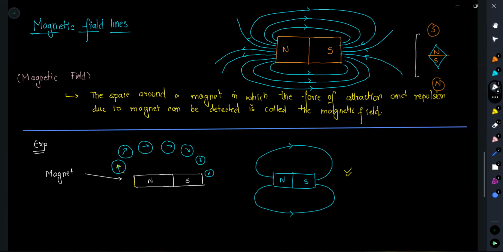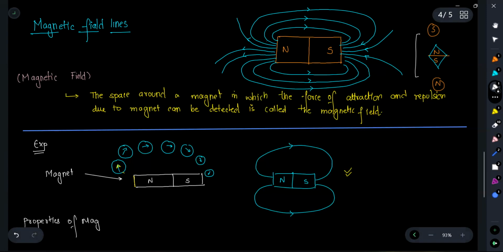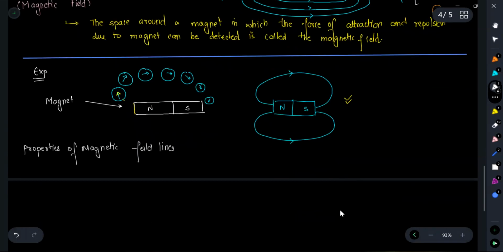Okay, now let's write some properties of magnetic field lines. Very important. Sometimes इससे question आता है simple. Properties of magnetic field lines. Let's see.